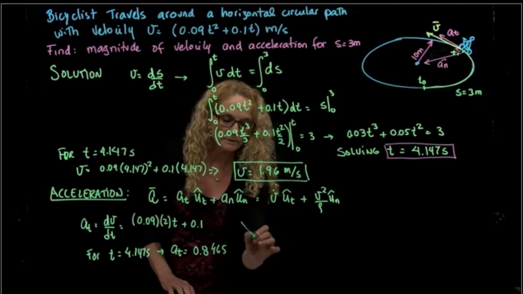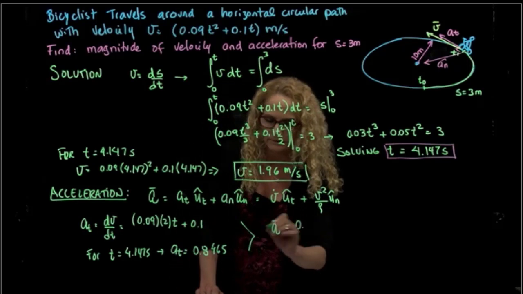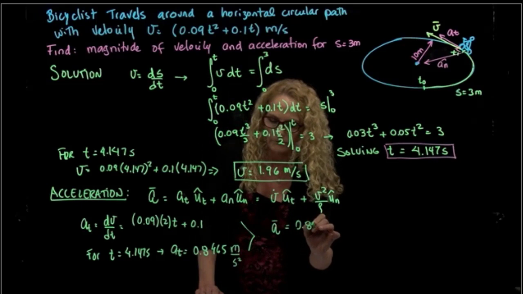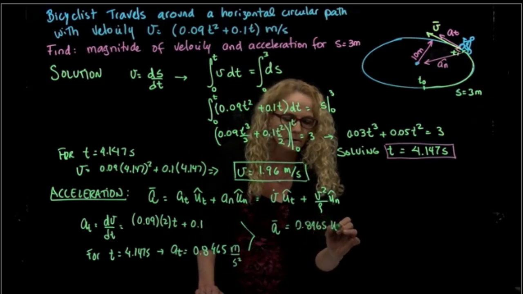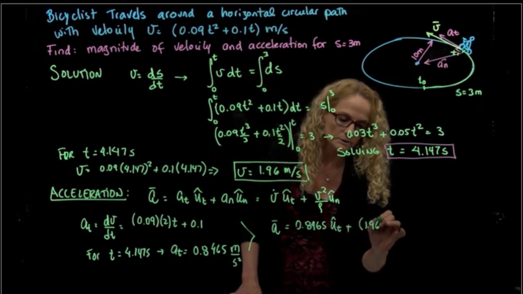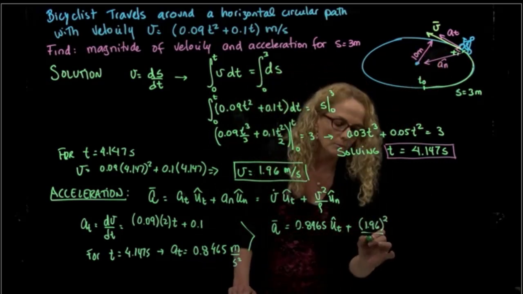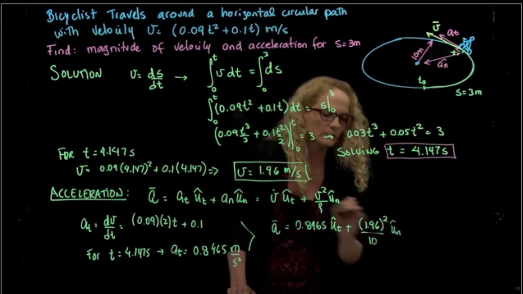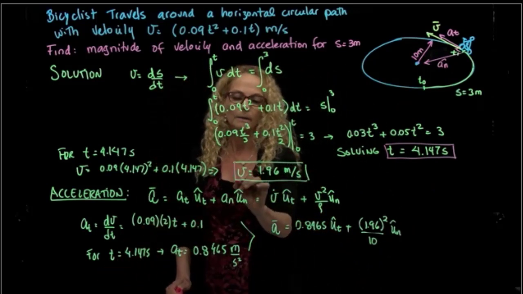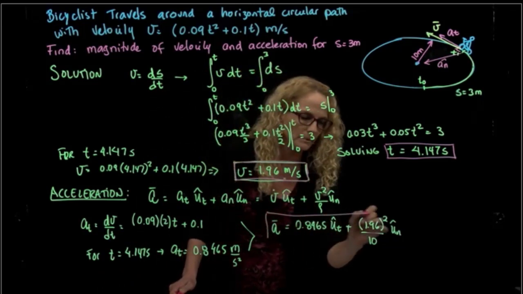Then we can say that the acceleration, in meters per second squared, is 0.8465 in the tangent direction, plus this expression, which is 1.96 squared over the radius of curvature, which is given as 10, in the normal direction. Let me place the results in a different color so that we know what we have to calculate.